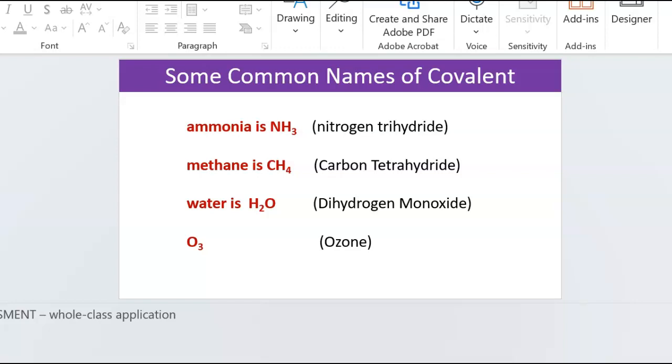Methane is actually the technical name for that compound because it's an organic compound. Water we'll just call water instead of dihydrogen monoxide. And then finally I added a 4th one, ozone. There is no common name or technical name for it. Ozone is just ozone, and that would be O3.